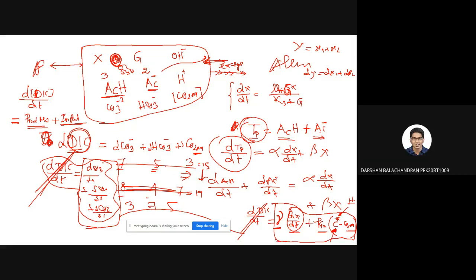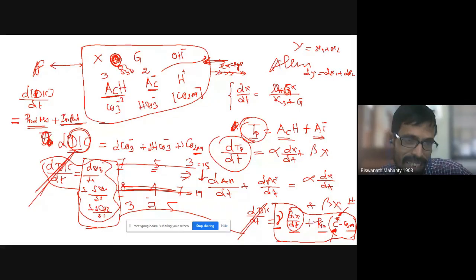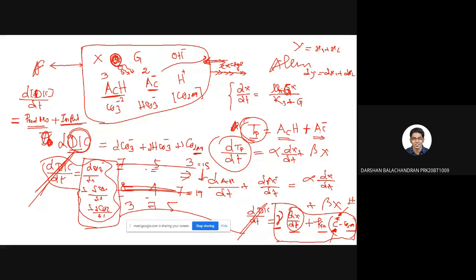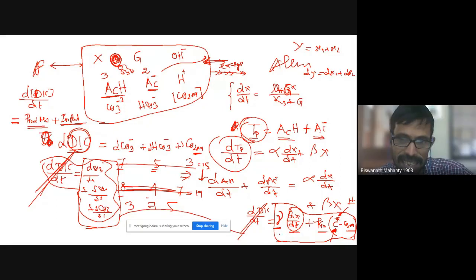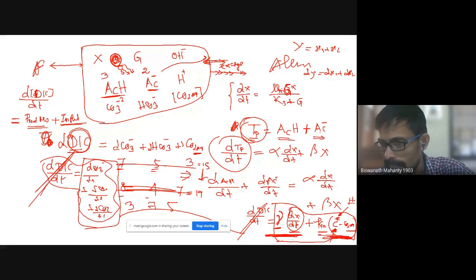Yes, sir. We are actually equating the main component, that is nothing but the carbon. Carbon related things, by the microbe and the fused gas. Yes. So this is actually the net input due to microbial growth, and this is the input due to carbon dioxide exchange. So they are coming, and what will they do?